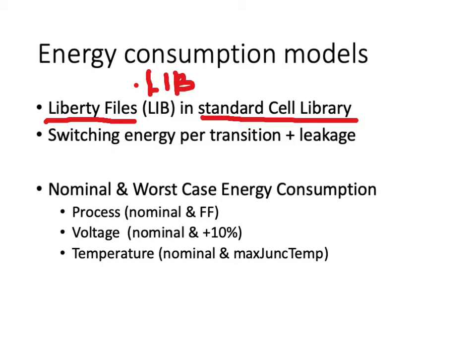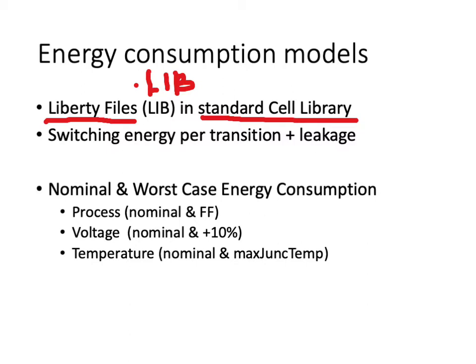So when we talk about a detailed transistor level model of a gate, these standard cell library files will have different timing and energy parameters for gates of different configuration. Let's say 2 input AND gate, 3 input AND gate, 2 input NAND gate, 4 input NAND gate, and for gates with different sizes as well as gates with different speeds of operation.